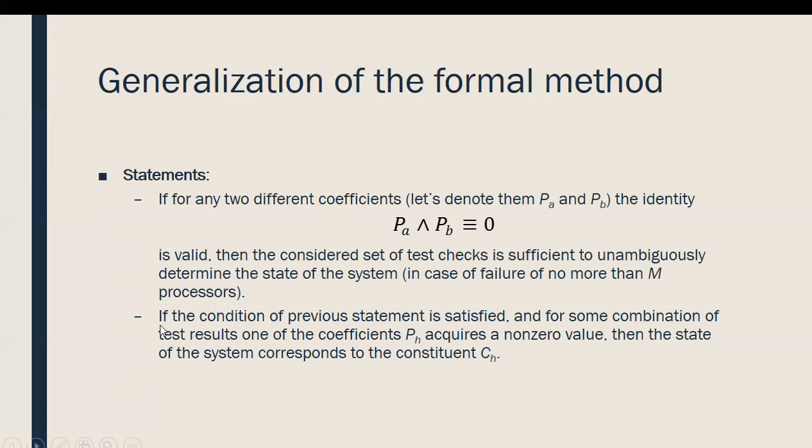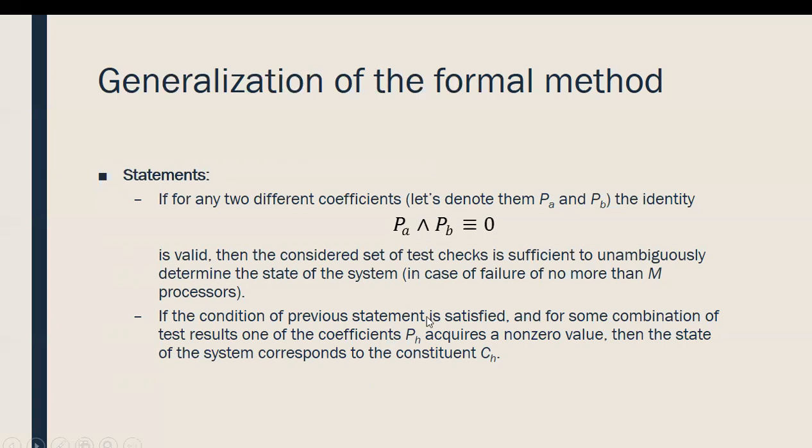And the second statement is, if the condition of the previous statement is satisfied, and for some combination of test results one of the coefficients acquires a non-zero value, then the state of the system corresponds to the appropriate constituent.